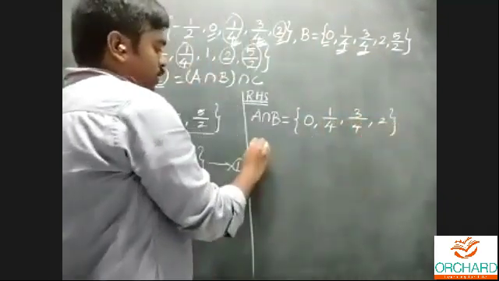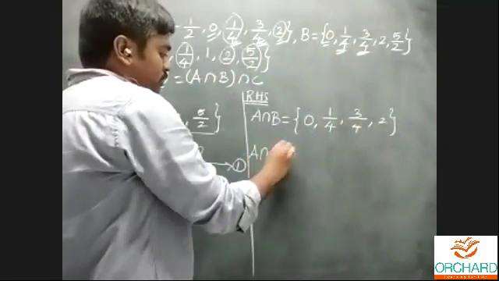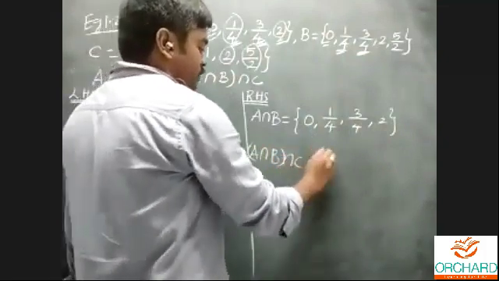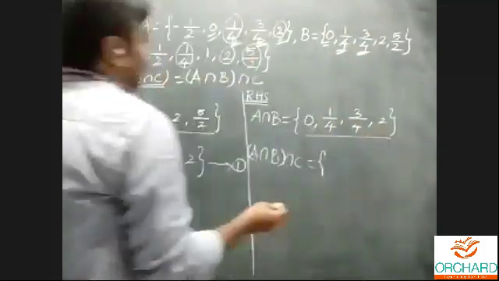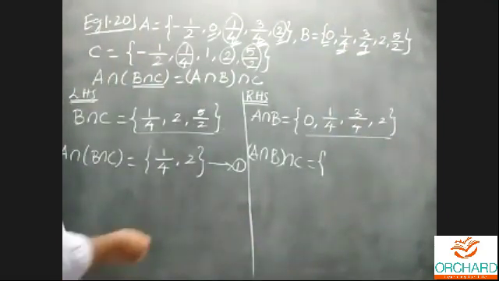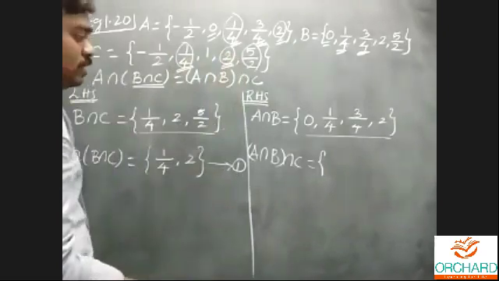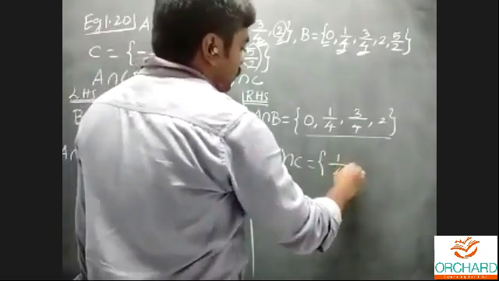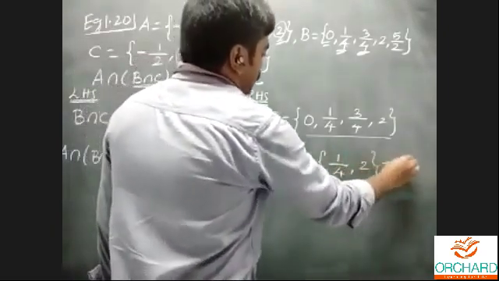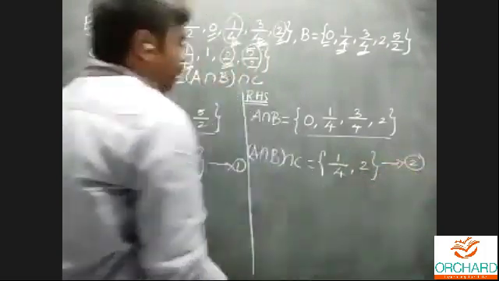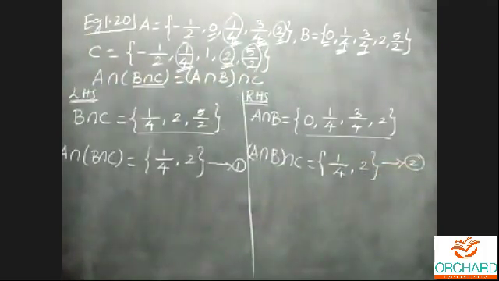Next, A intersection B intersection C. Now compare these four elements with set C. 1/4 and 2. Only the two elements are common. 1/4, 2. Called equation number 2. Can you compare equation number 1 and 2?